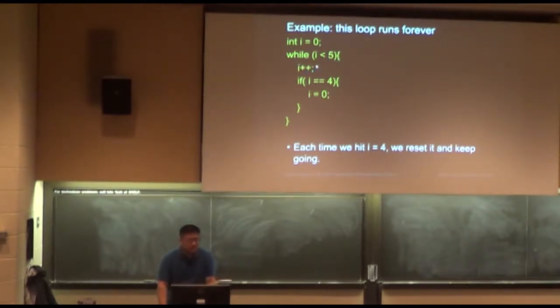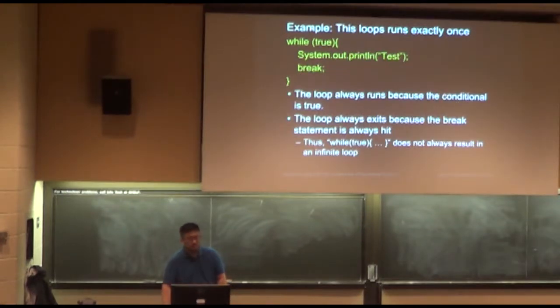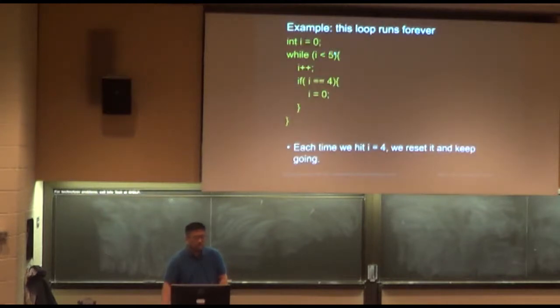So this iteration has i increasing each time, but each time it hits 4, it gets reassigned to 0, causing it to never hit 5, and thus run forever. So you can have examples of infinite loops and finite loops that don't look at all like what we might assume an infinite loop or a finite loop looks like.